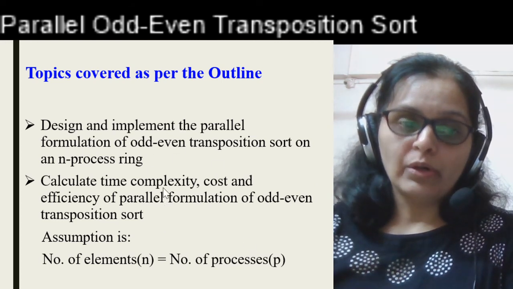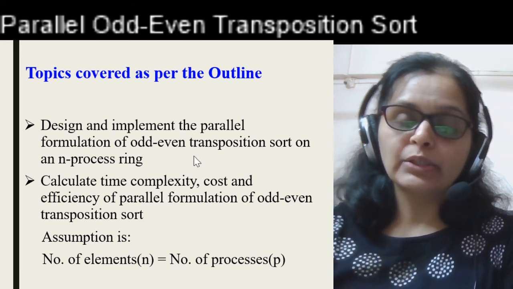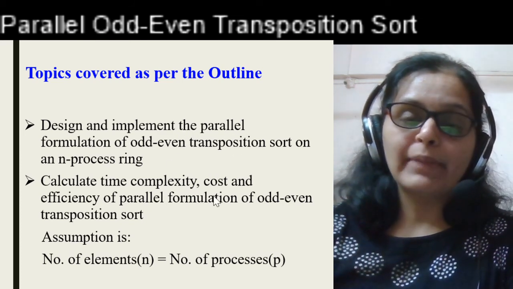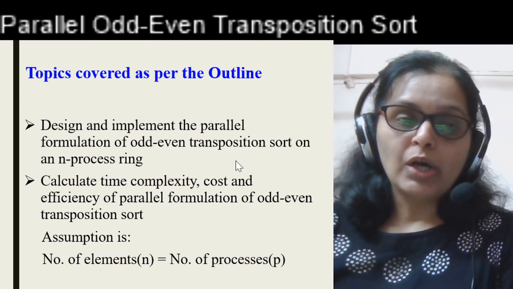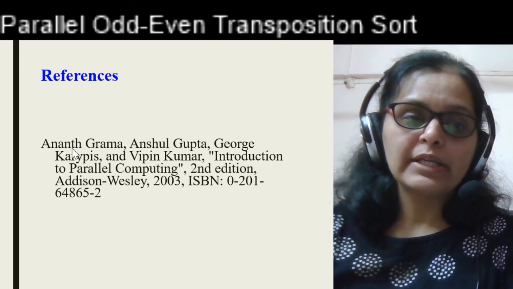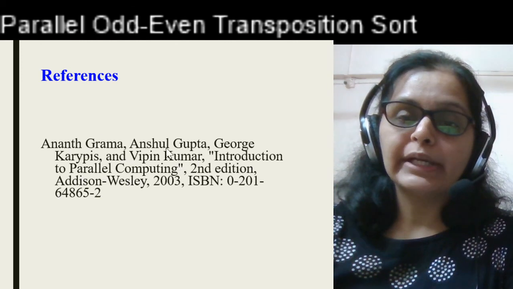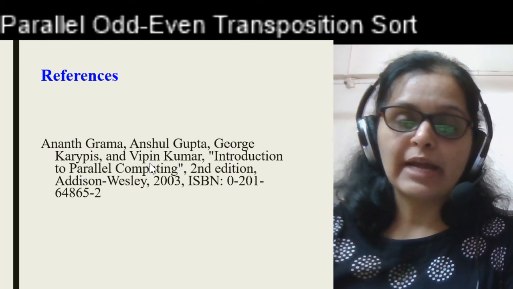These two topics I have covered through this outline, and now you should be able to apply them in your assignment in your LP1 laboratory. The reference I have used here is your textbook Introduction to Parallel Computing by Ananth Grama and the other authors.